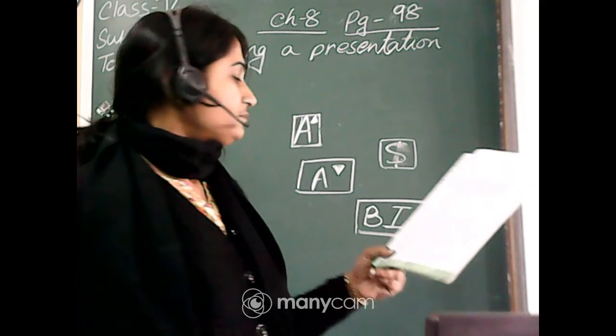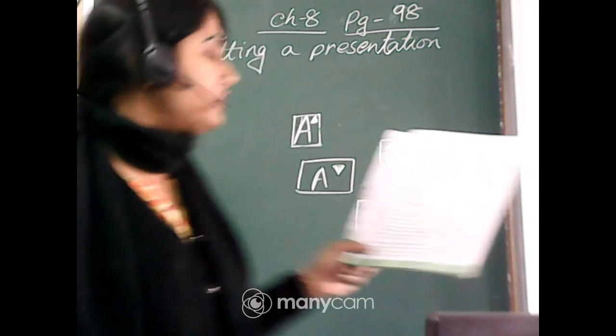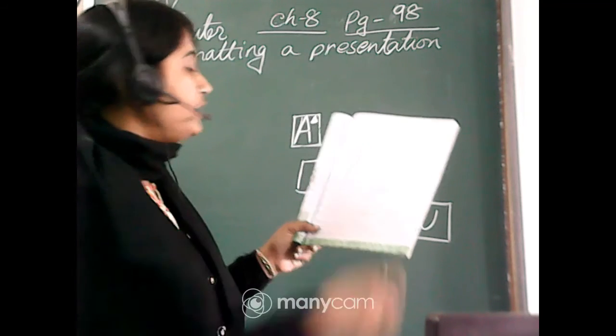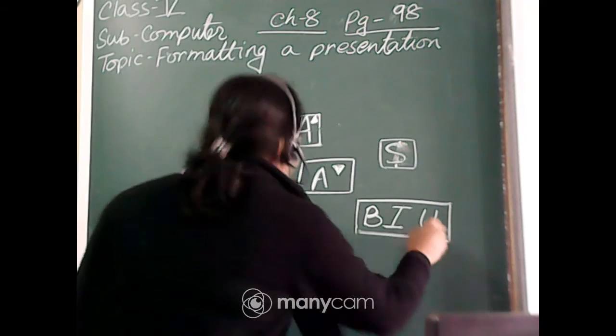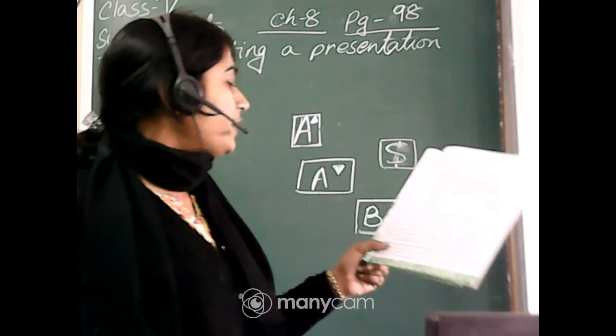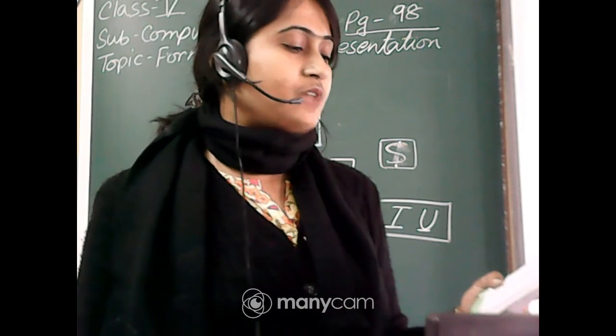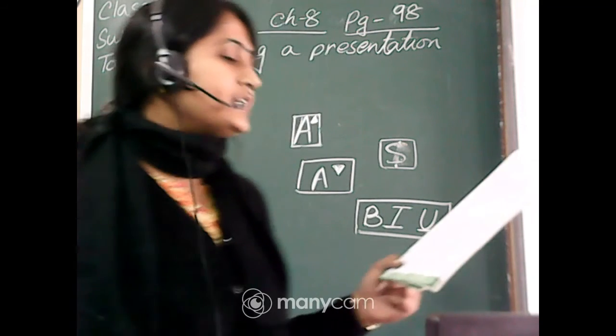To apply formatting style to text, click on the buttons B, I and U for applying bold, italic and underline effects respectively.